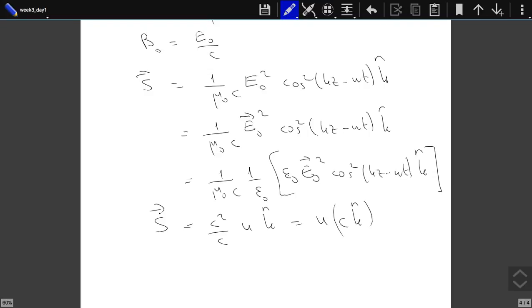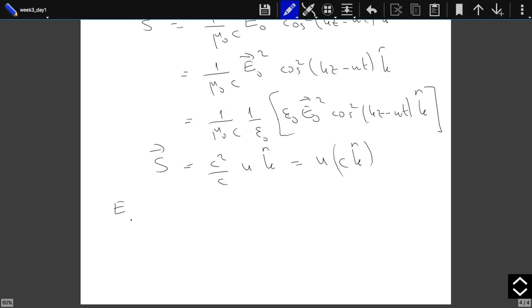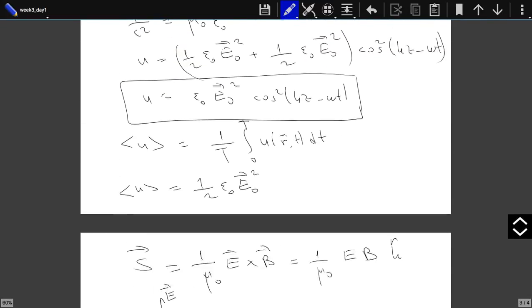I thought that they defined the E0 as a scalar in the last one. Well, you see, this is my definition of the electric field in this lecture.